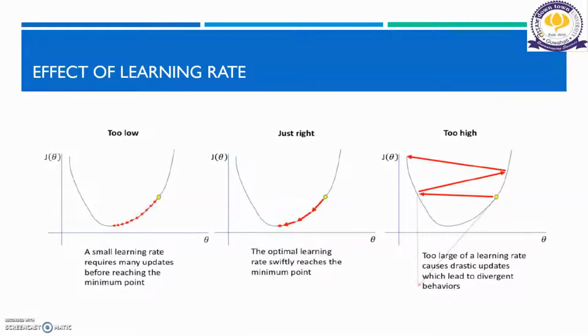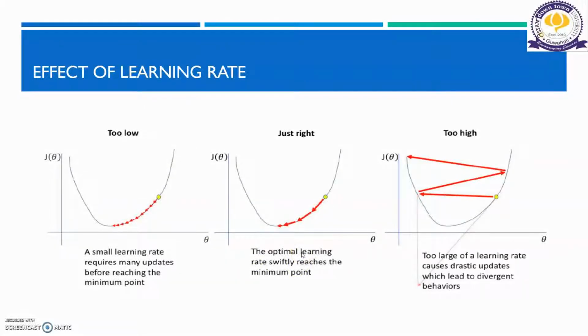If your learning rate is very small, it would take a long time to converge and become computationally expensive. If your learning rate is large, it may fail to converge and overshoot the minimum. Too large a learning rate causes drastic updates which lead to divergent behavior, and a small learning rate requires many updates before reaching the minimum point.